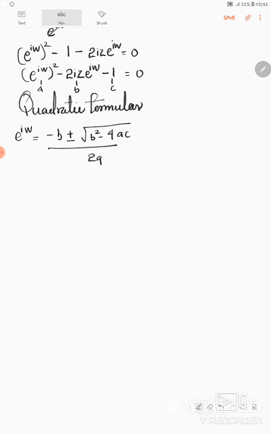Now let's continue by saying exponential iw equals, putting in our B. Our B here is minus 2iz. We aren't adding the exponential iw because that's our x. So that's minus open bracket minus 2iz, plus or minus square root of B squared.